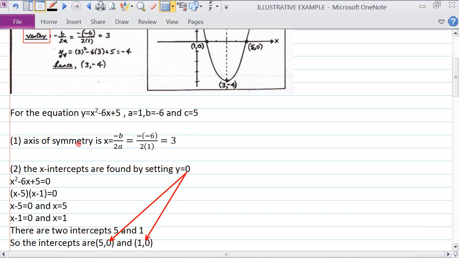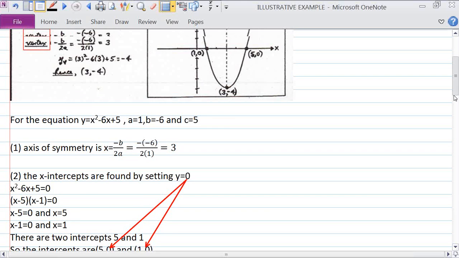to 5. The axis of symmetry is minus b over 2a, which is minus, and b is minus 6, so minus 6 is plus 6 divided by 2 is 3. So the equation x equals 3, as you can see, divides the graph into 2.